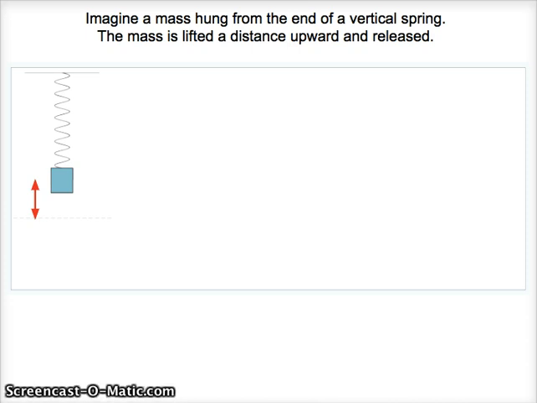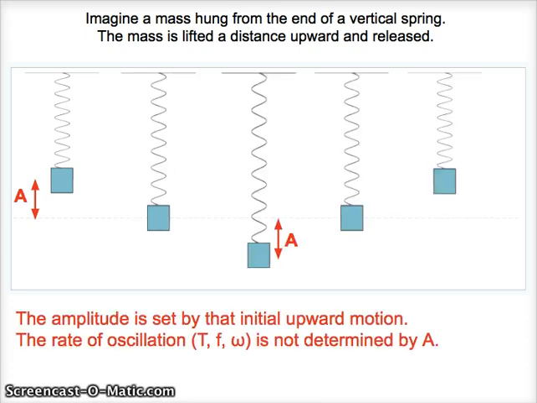That distance that is marked with a red arrow would then determine the amplitude of the motion. That represents the maximum displacement of the object compared to the equilibrium point. We'll see later how that determines the extent of the motion, but it doesn't determine the rate of the oscillation. The terms like T, f, and omega are not determined by that amplitude.